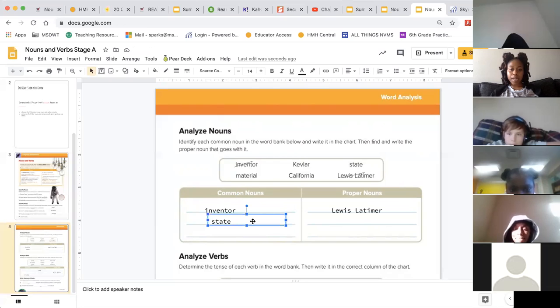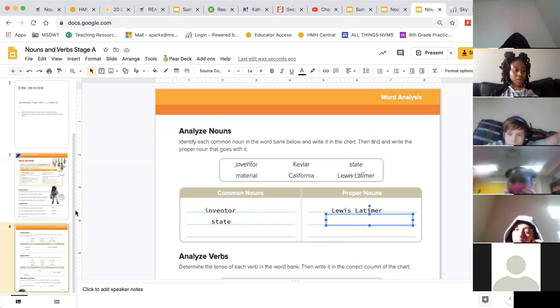If state is the common noun, what word in this word bank is a state? Ben, which word in this word bank is a state? I want you guys to still write in the chat. Aaliyah has it right so far.